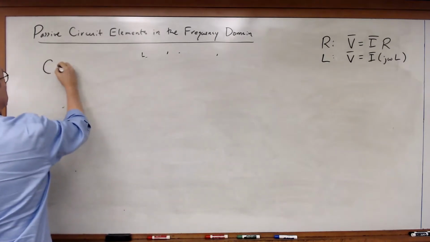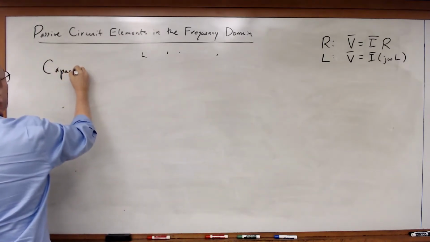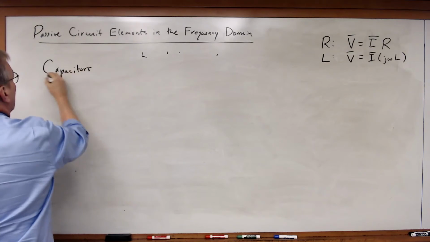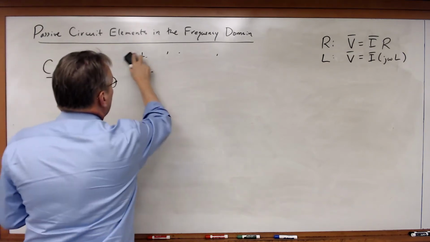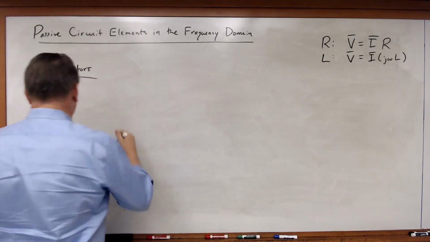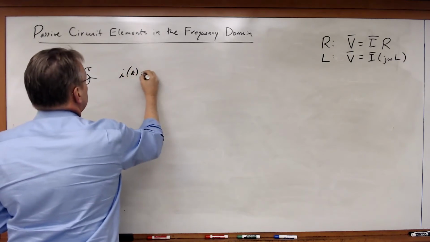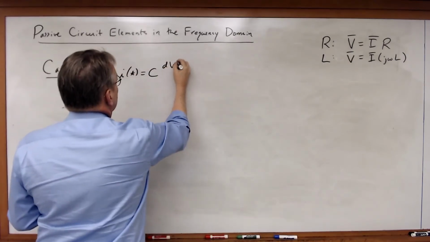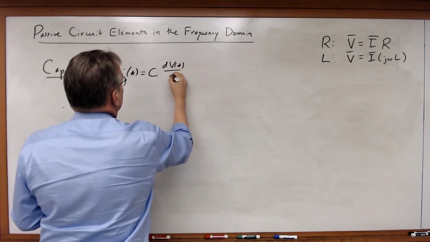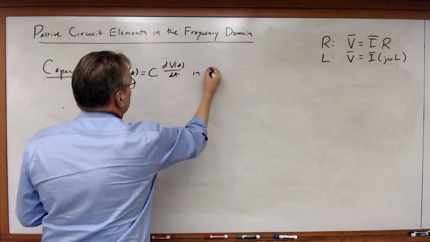So for capacitors, we have that I is equal to C dV/dt, or i(t) is equal to C dv(t)/dt in the time domain.